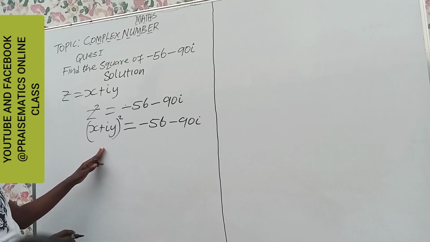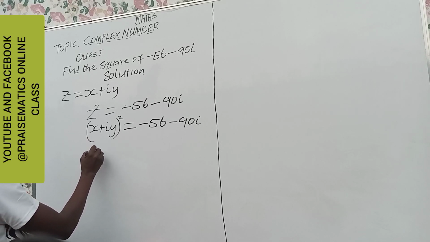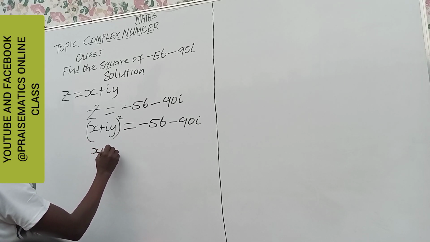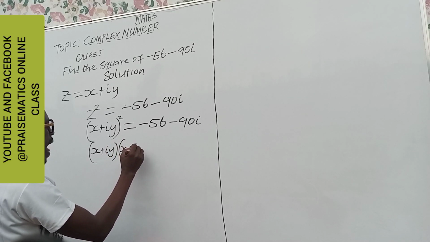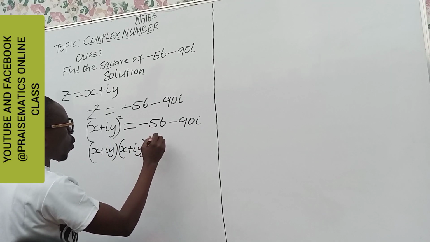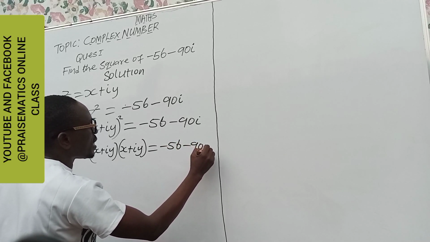Okay, what do we do again? We expand the left hand side. That is (x plus iy) times (x plus iy) is equal to minus 56 minus 90i.